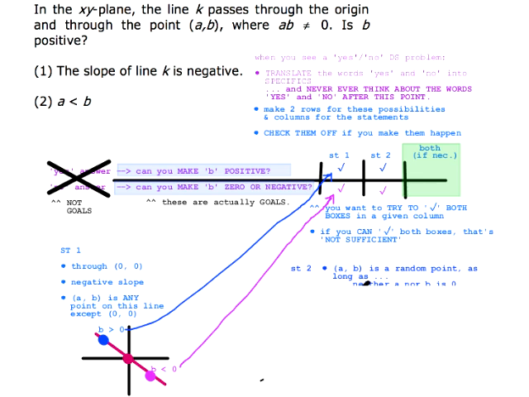We need to have a negative slope, but we also need the x coordinate, which is A, to be less than the y coordinate, which is B. Negative slopes are going to look like that picture. They might be more gentle slopes and they might be steeper slopes, but they're all going to go down from left to right.